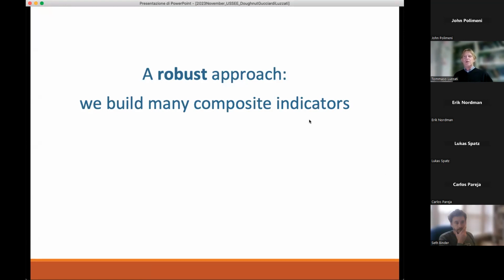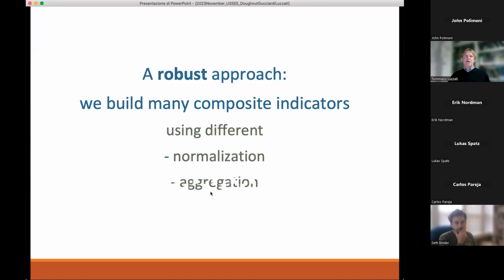Usually one composite indicator is built, and then robustness analysis is performed. Our approach is a bit the reverse. We try to build many composite indicators using different methods, different normalization and different aggregation rules for the indicators.